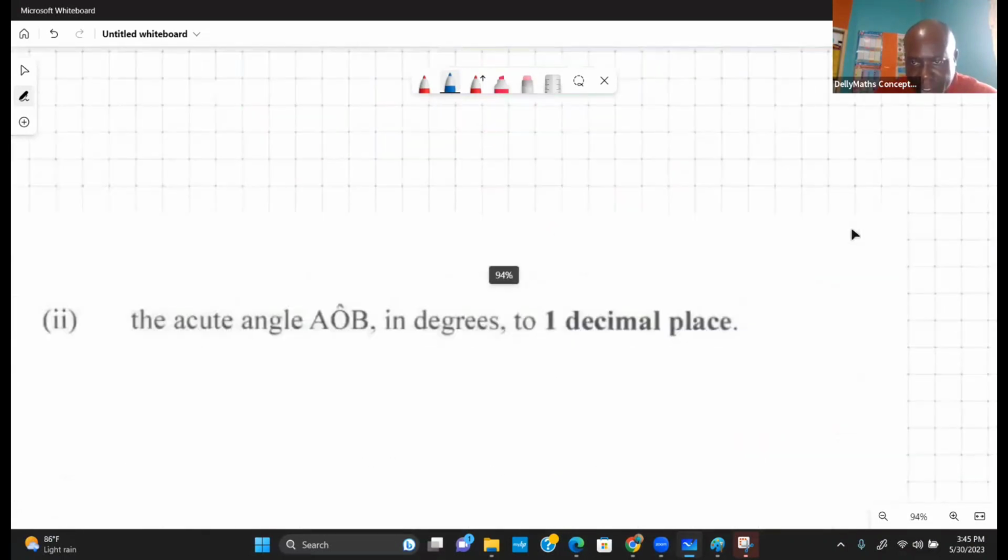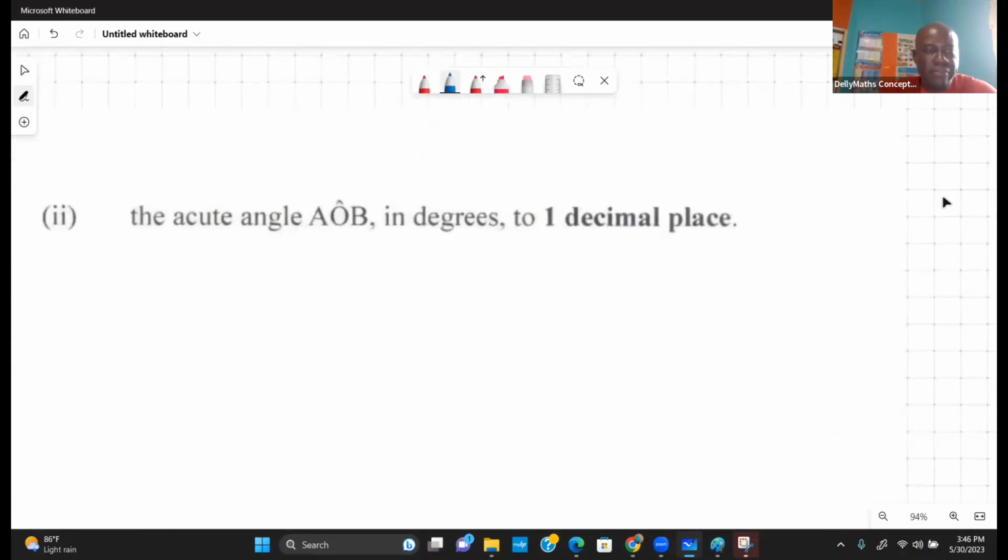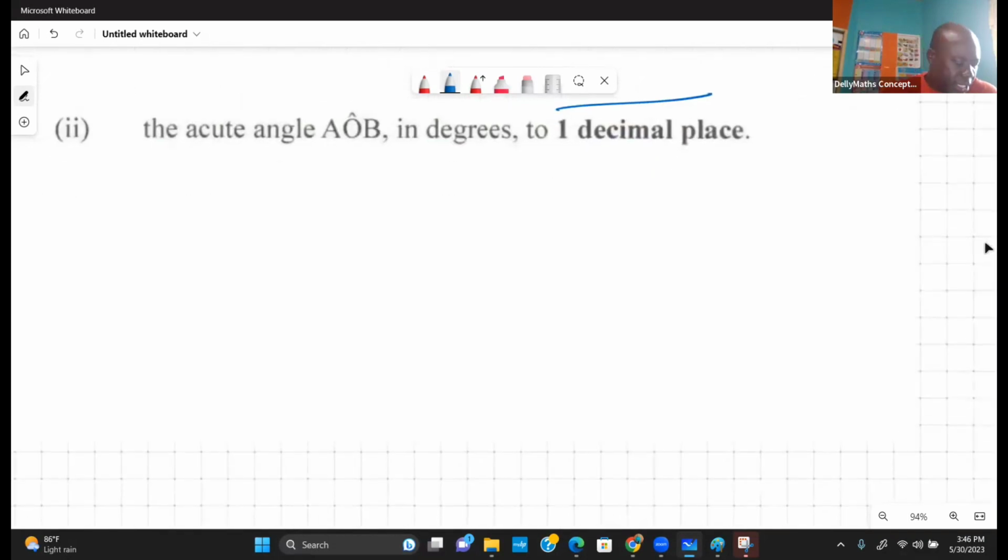Follow-up question says, find the acute angle AOB in degrees to 1 decimal place. Now, if we're going to deal with that, there's a general formula. In this context, I'm going to write it for this idea.